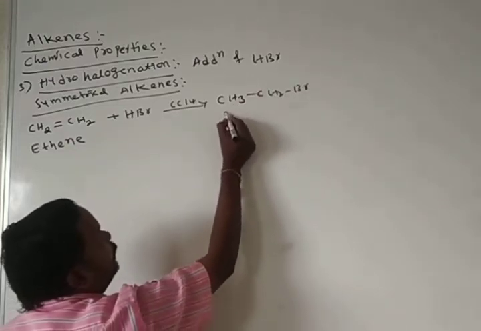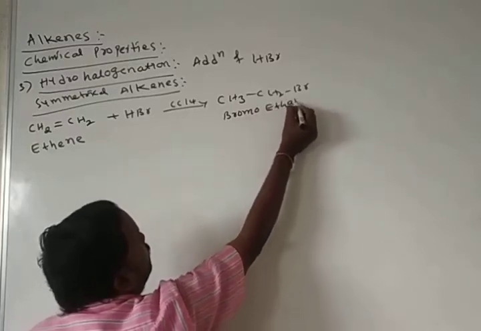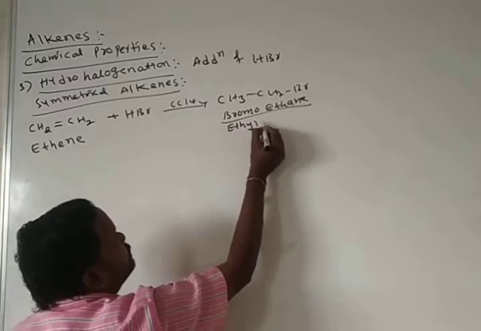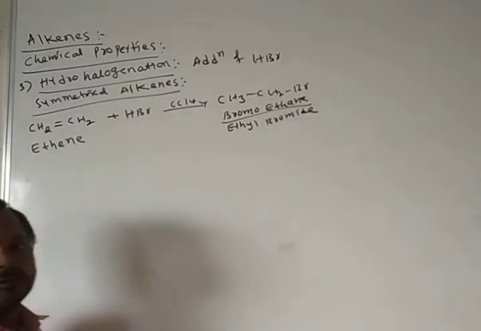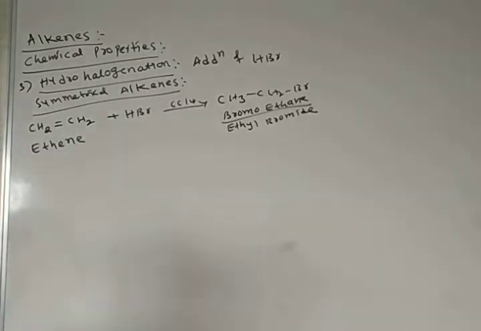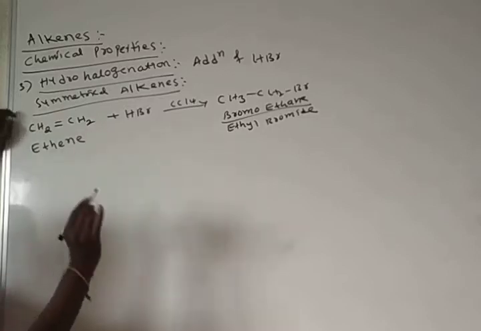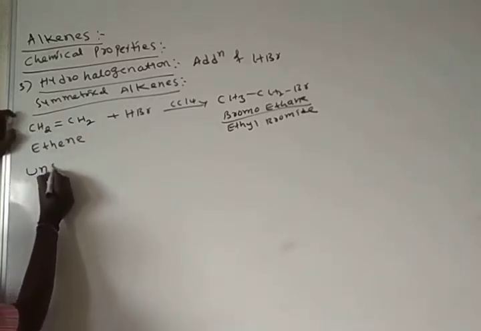This is called bromoethane, or ethyl bromide. This is a symmetrical alkene. But in unsymmetrical alkenes.